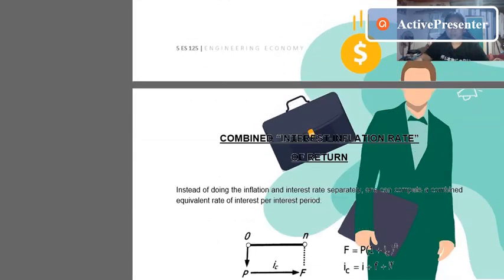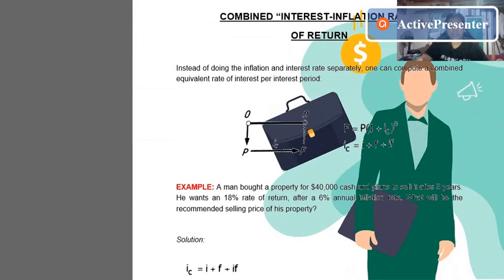For our last topic, for our final week module number 8, we have the combined interest and inflation rate of return. Instead of handling the inflation and interest rate separately, one can compute a combined equivalent rate of interest per interest period. So they can be combined.